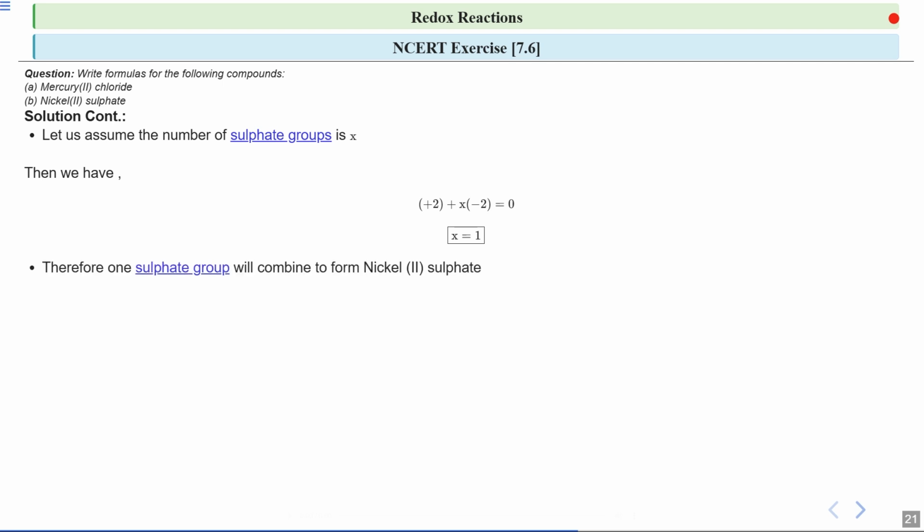Therefore, the number of sulfate groups present in nickel(II) sulfate is 1. Hence, the formula of the compound is NiSO4. I hope this is clear to you.